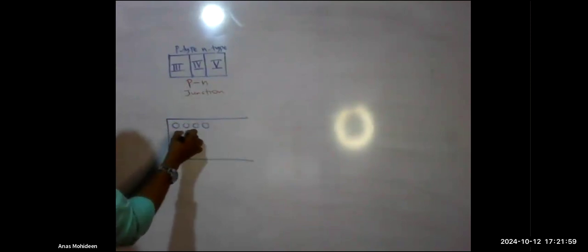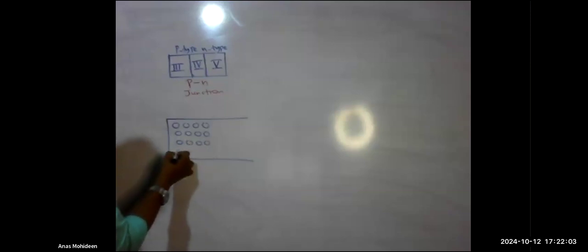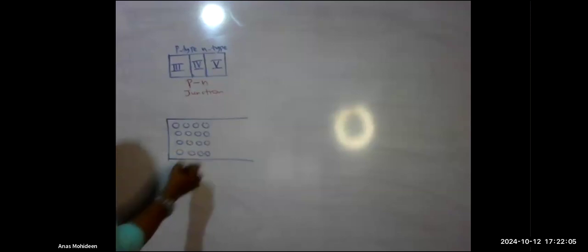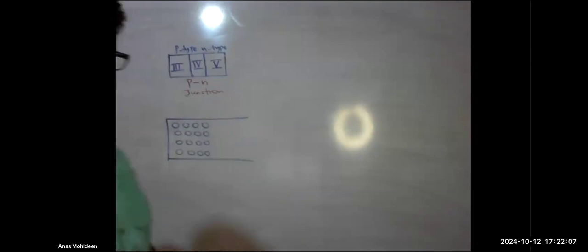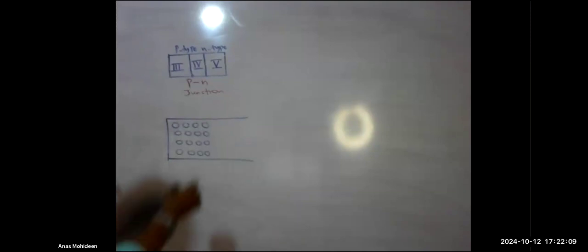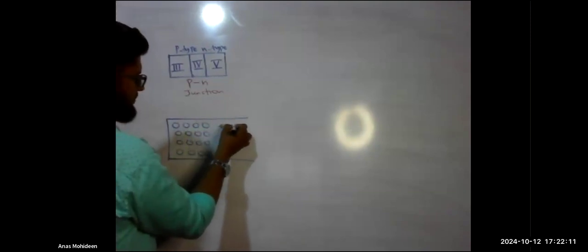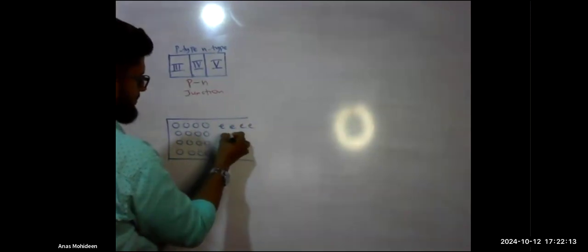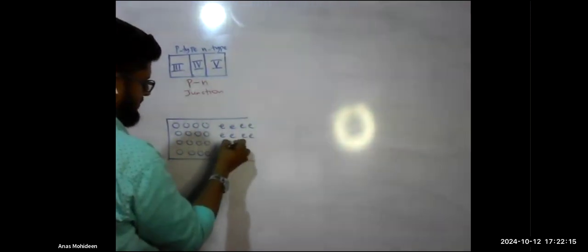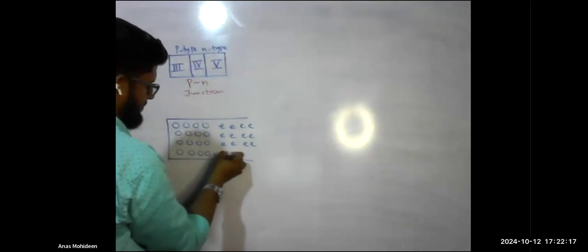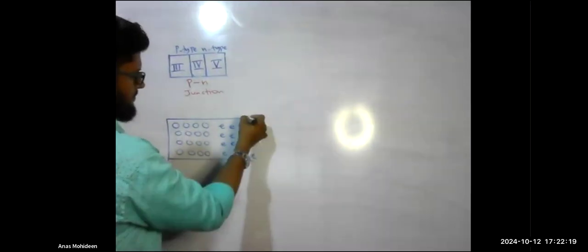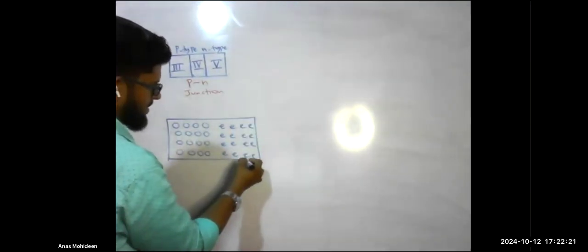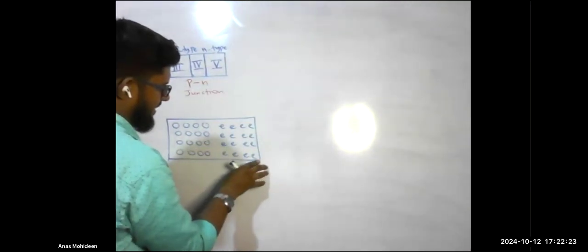We have holes, right? Positive holes are there. Negative type means who are there? Electrons are there. So positive type and negative type we are referring to by these holes and electrons.